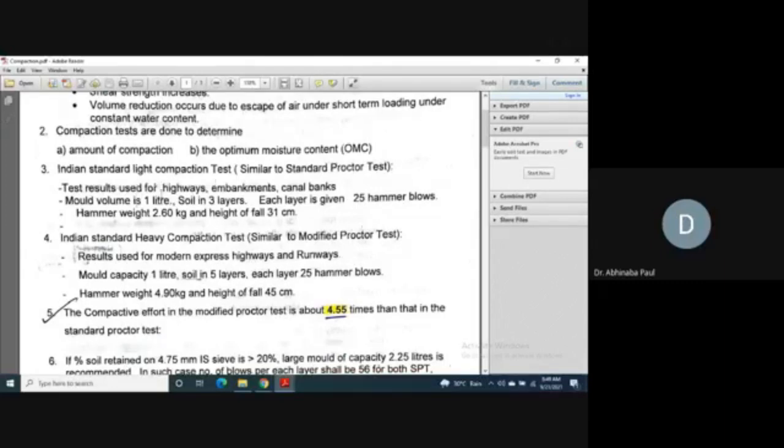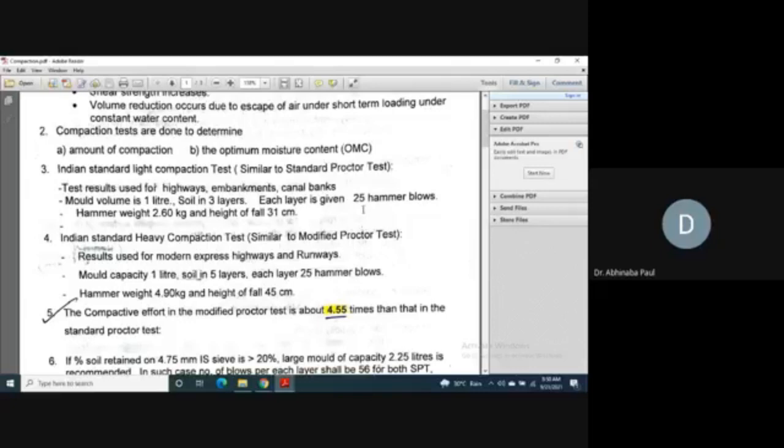Next is how we actually perform the compaction test. So first is standard Proctor compaction, which is used for highways, embankments and canal banks. In that case, the setup is: mold volume is 1 liter, soil compacted in 3 layers.